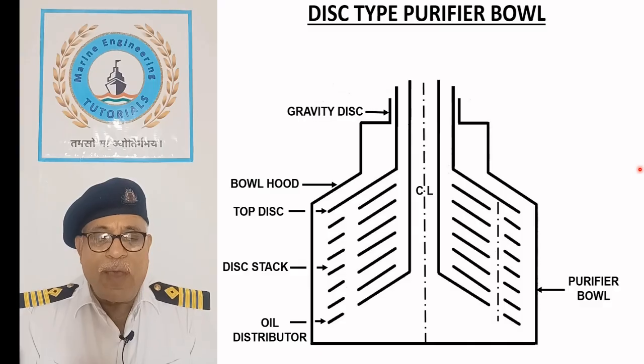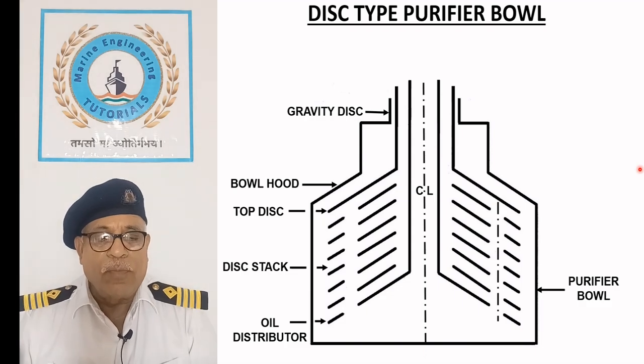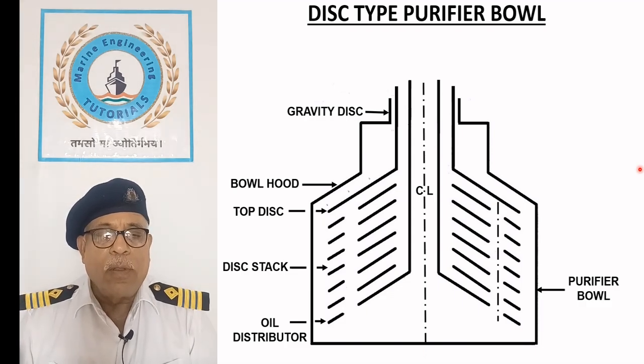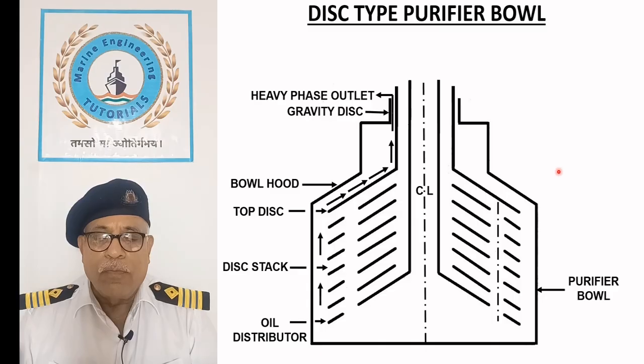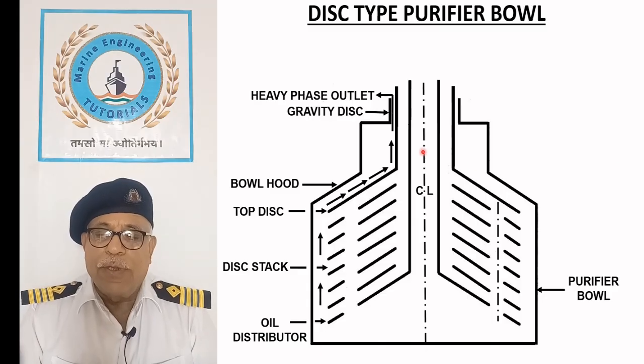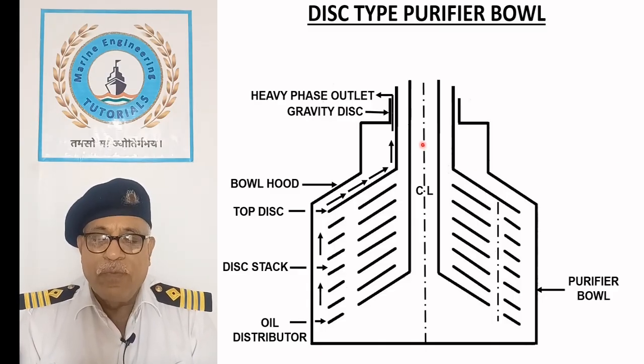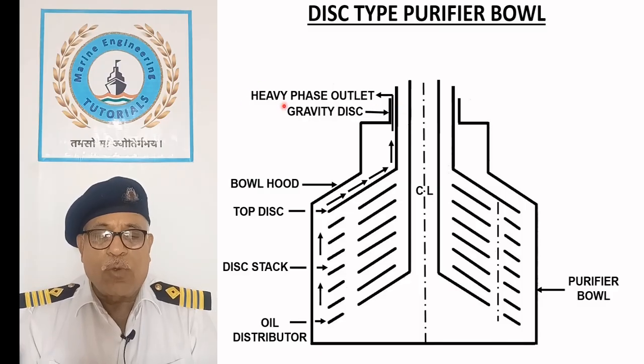Operation of purifier and estimation of oil-water interface position. When the bowl reaches its rated speed, sealing water is introduced through the central passage until it overflows from the high phase outlet.